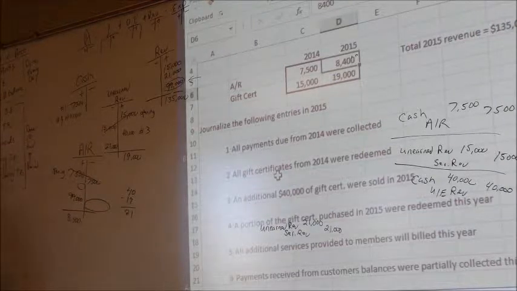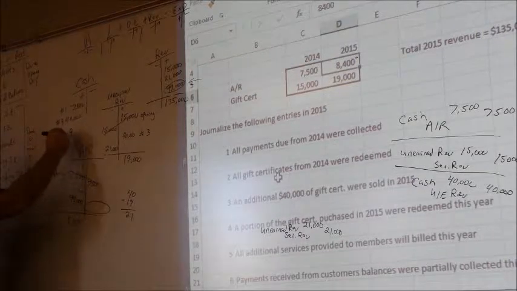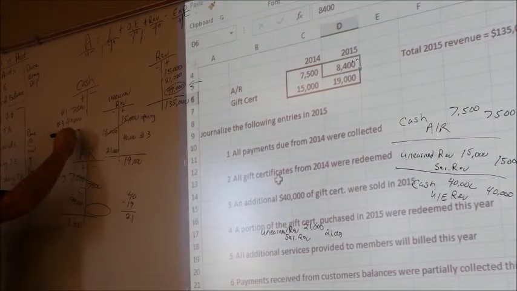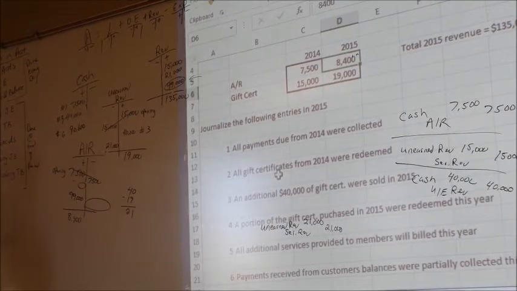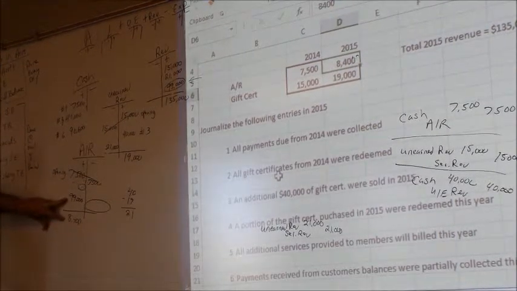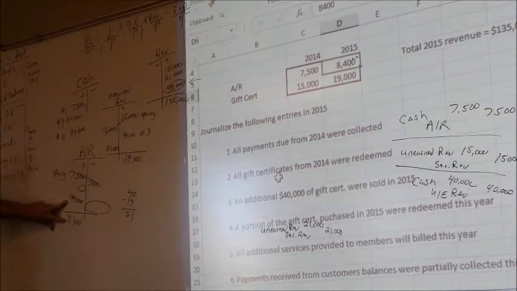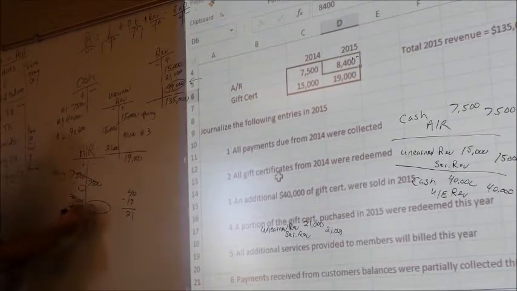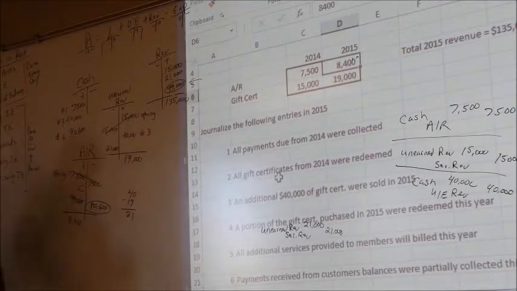Cash for 90,600. How'd you get that? Subtracted the 99,000 from the 8,400. Good. What I started with, what I ended with.